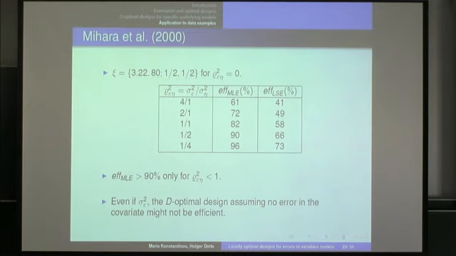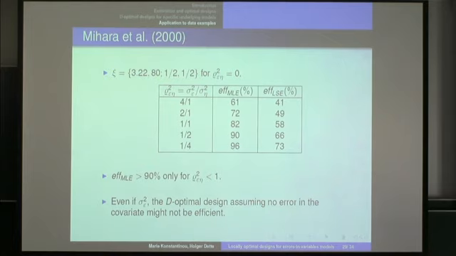Now, the efficiencies are very small, particularly for least squares estimation, and they become larger than 90% only if rho is smaller than 1. So only if the variance of the covariate error is small compared to the variance of the response error.